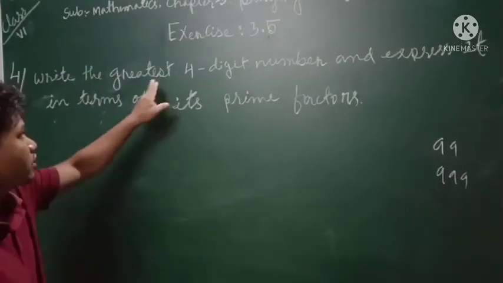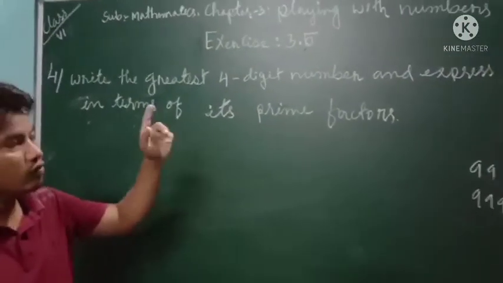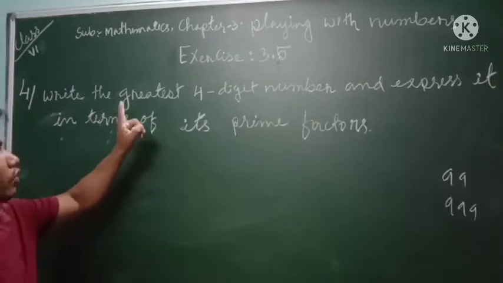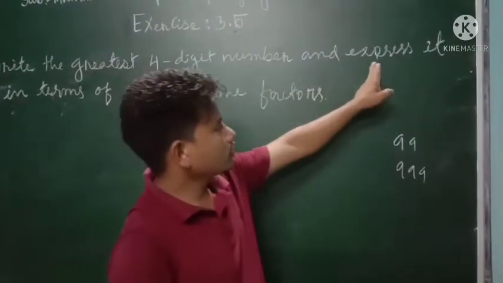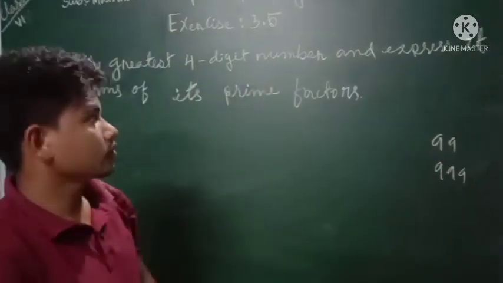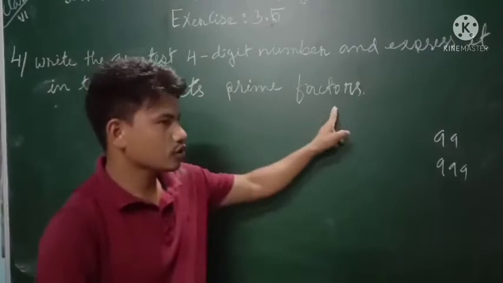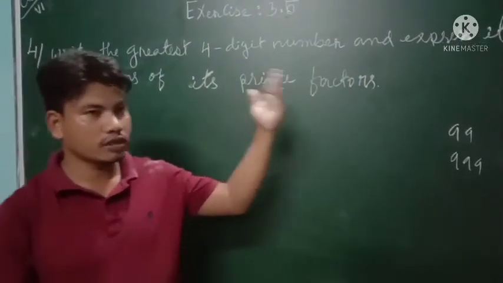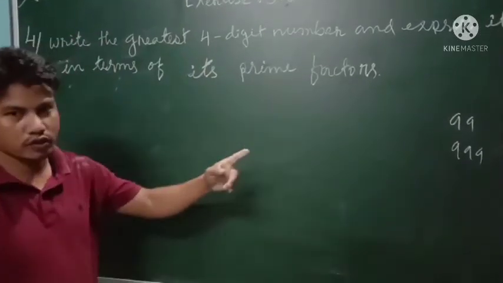Then the greatest 4-digit number is 9999. And it is also mentioned to express it in terms of its prime factors. From this greatest 4-digit number, we have to find the prime factors.